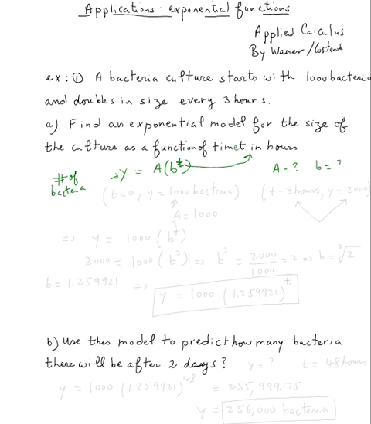So we need 2 points. Let's see if we have 2 points. When t equals 0, the bacteria culture starts, we had 1,000 bacteria, so y equals 1,000.